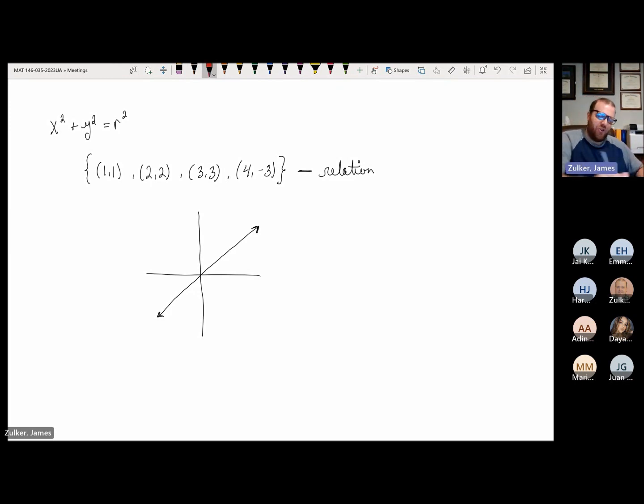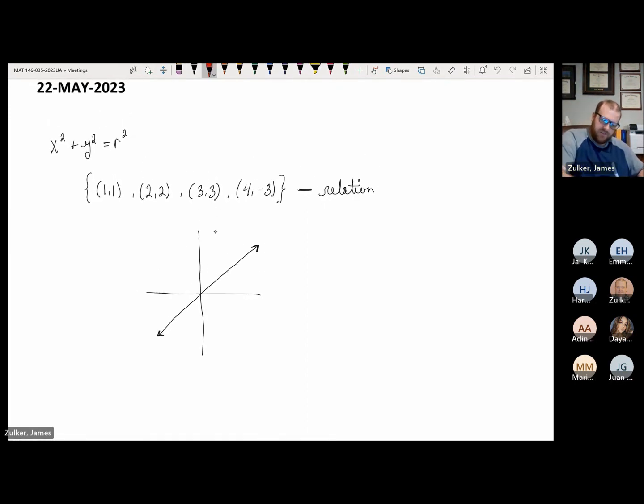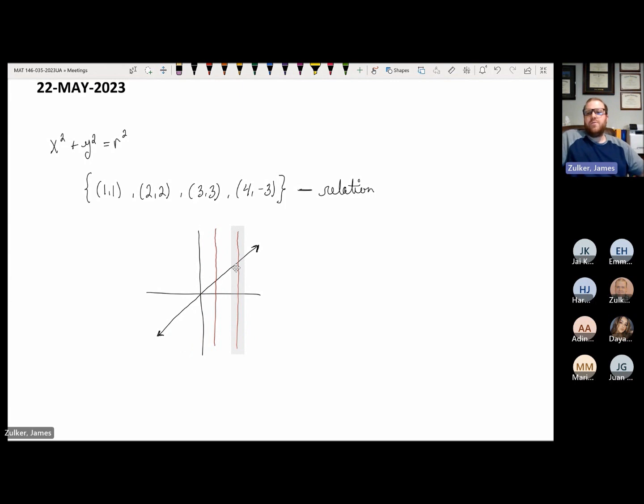Vertical line test says you draw an imaginary vertical line. As you slide that line right along the graph, if it intersects the curve more than once at any point, it is not a function.